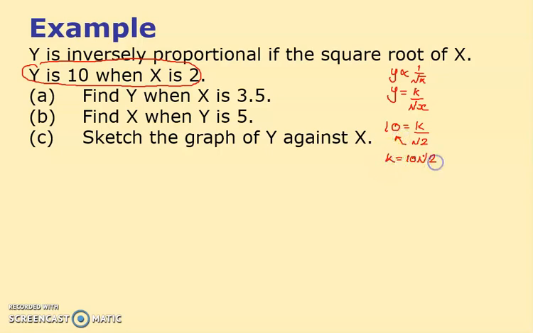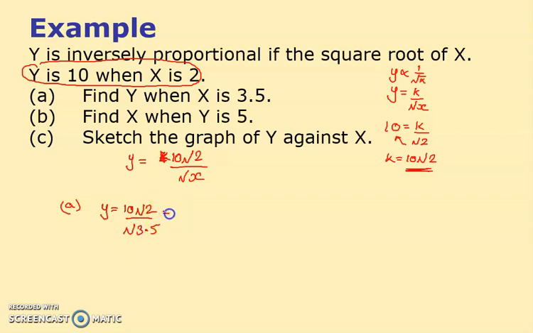Now, that isn't a nice number, so I'm just going to leave it like that. My equation then becomes y equals k. Now, of course, k I now know, so I don't know why I wrote that. 10 root 2 over the square root of x. That's my equation. It's not very nice. But it says find y when x is 3.5. So part A, y equals 10 root 2 divided by the square root of 3.5.